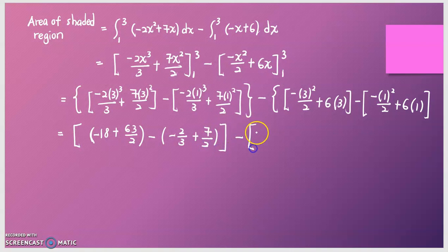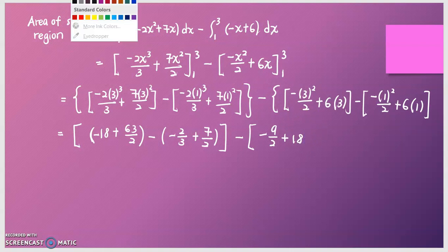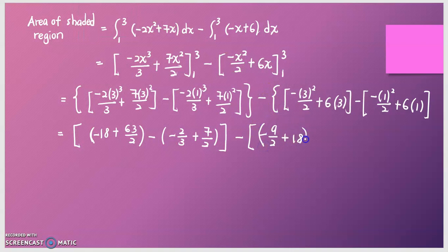Minus, now come to the second part. So here is 9. So negative 9 over 2 plus 18. Minus, here is negative 1 over 2 plus 6. So we try to simplify. Negative 18 plus 63 over 2.